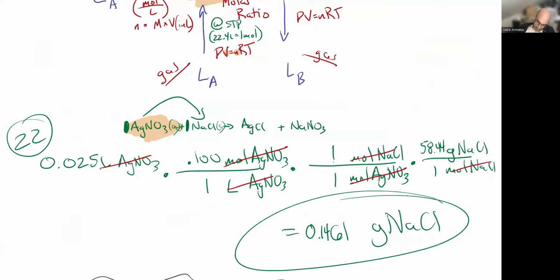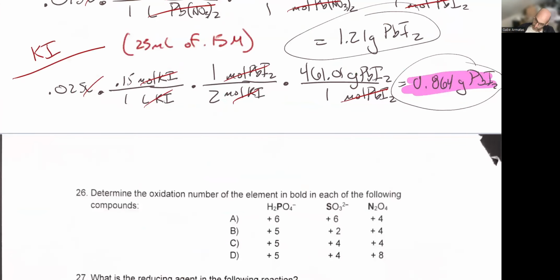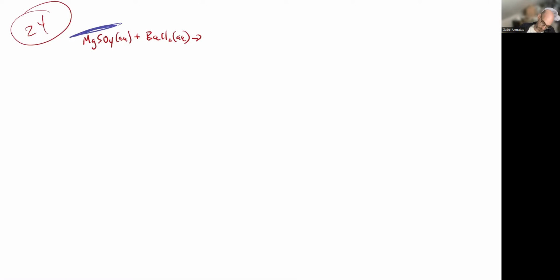All right. So let's take, this is question 24. So question 24, let me add another page. Great. All right, so question 24, magnesium sulfate. So this first equation is going to be my complete molecular.